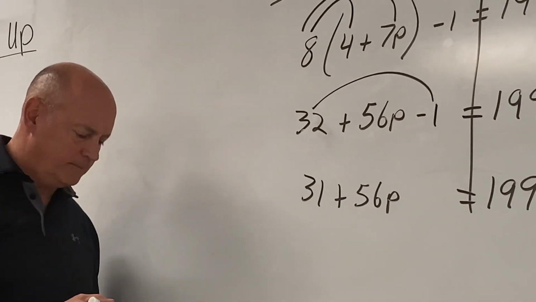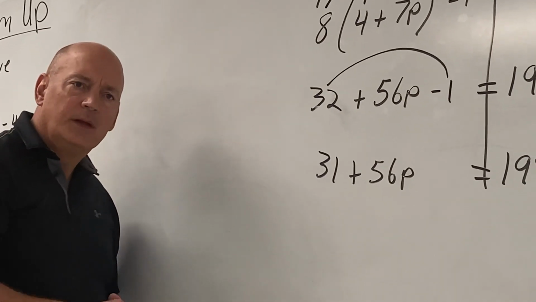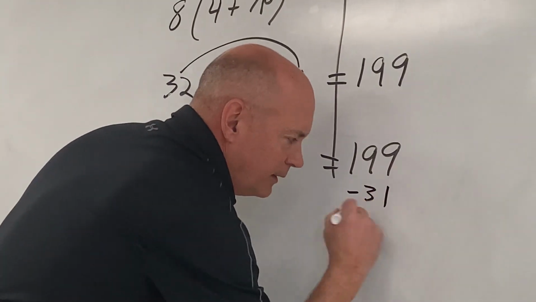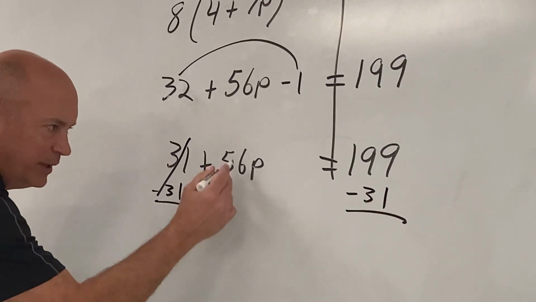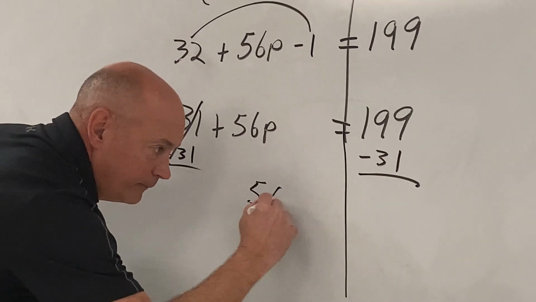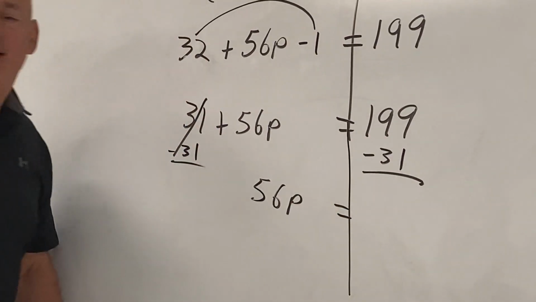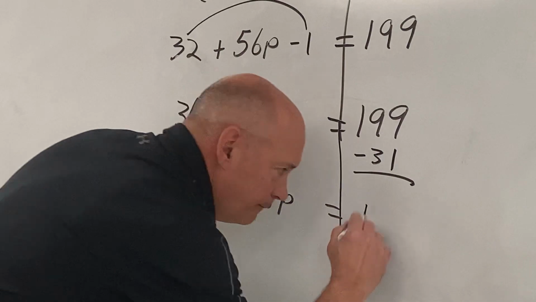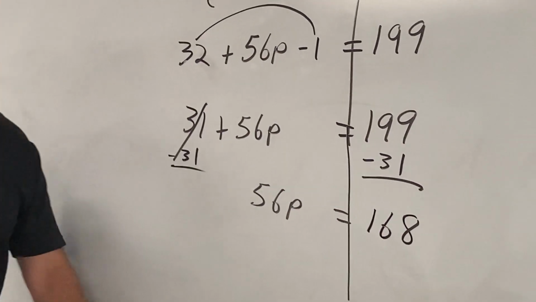Autumn. Yes, ma'am. Subtract 31 first. That gives me 0 here. Bring down the 56p. Let's extend the line. And what's 199 minus 31? 168. And finish it for me.